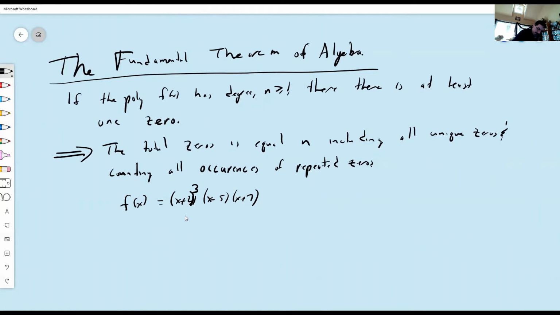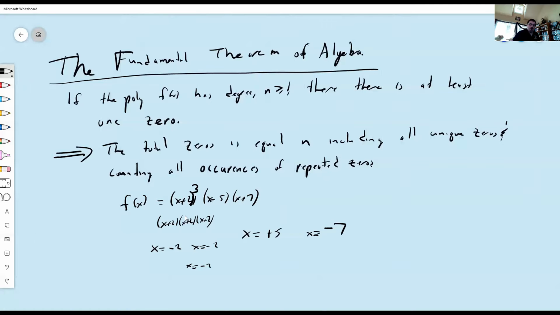Because x plus 2 occurs that many times, I could actually get the answer of x minus 2 from all those. Those are my zeros. So those are 3 repeated zeros. Then I have x is minus 5, x is plus 5, x is minus 7 as zeros.